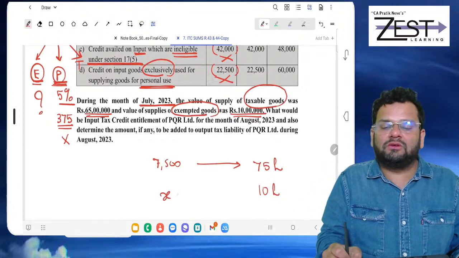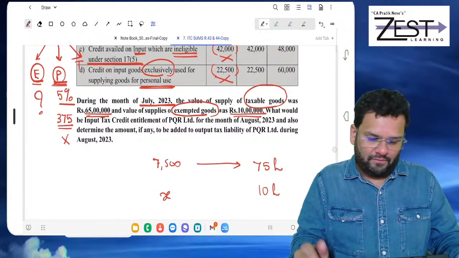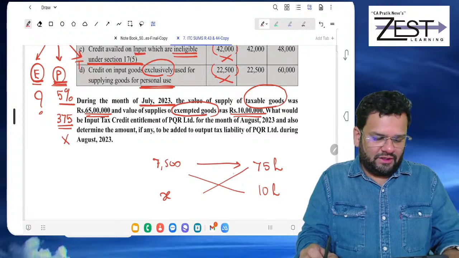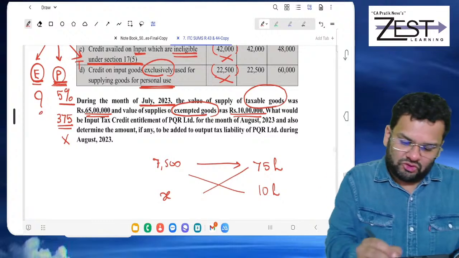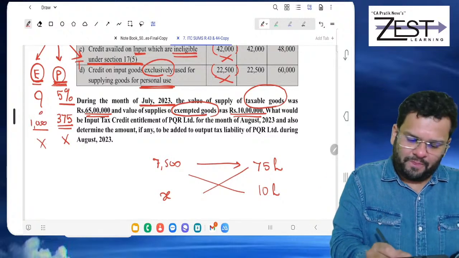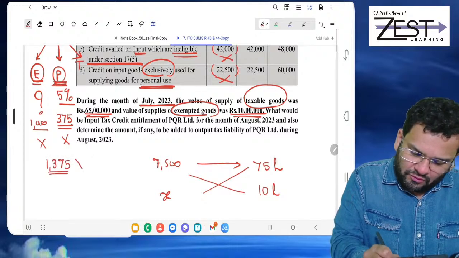So how much will be blocked or not allowed? So can you do 7,500 into 10 divided by 75? So do you agree that 1000 will be not allowed? So do you agree total 1375 will be not allowed?